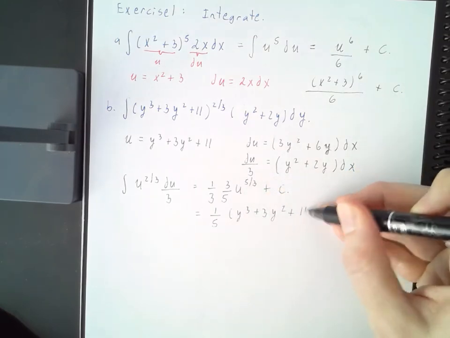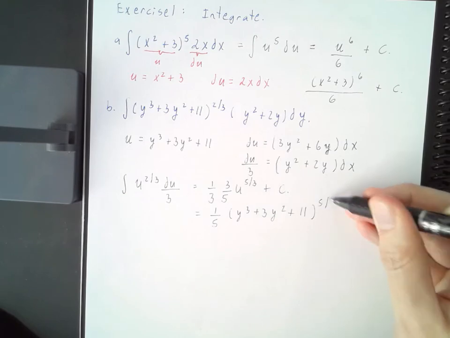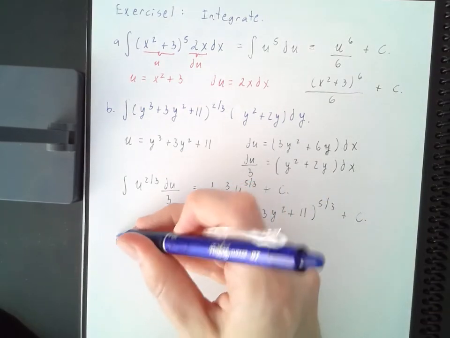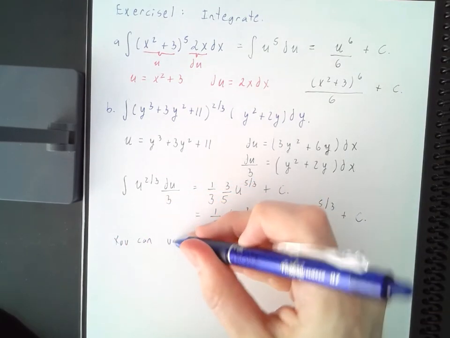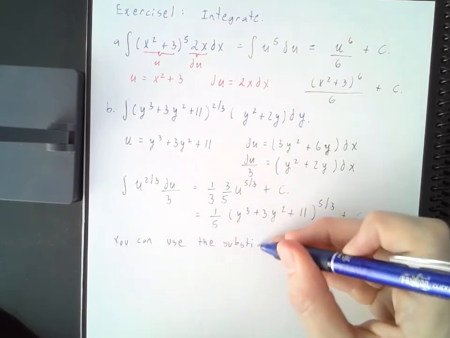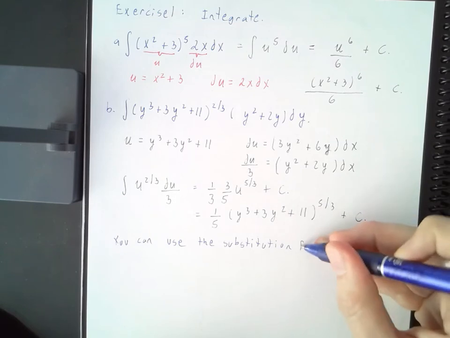I think I only have time for one more problem. With this problem I'm just going to mention that you can also use the substitution rule for any composition of functions.